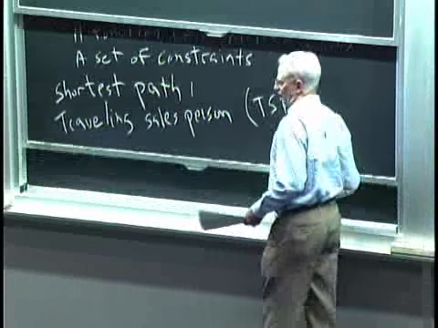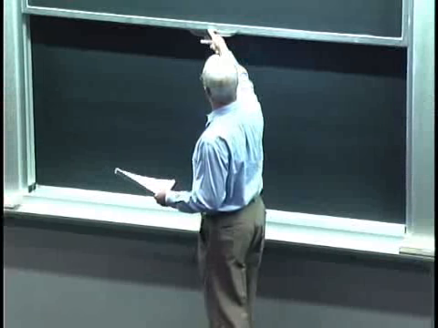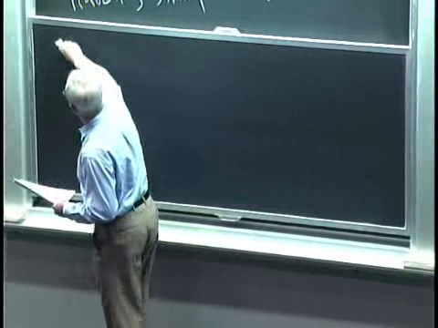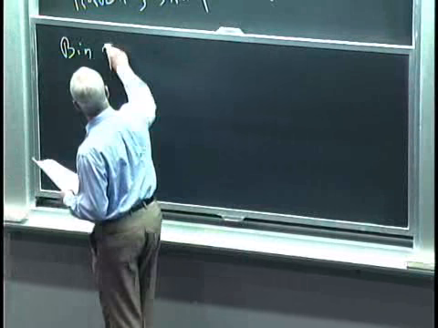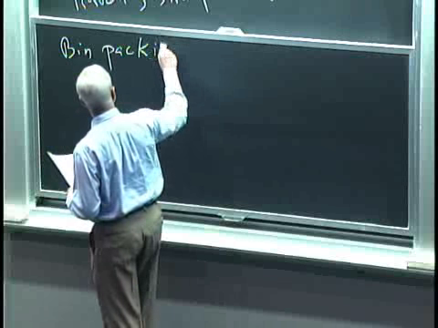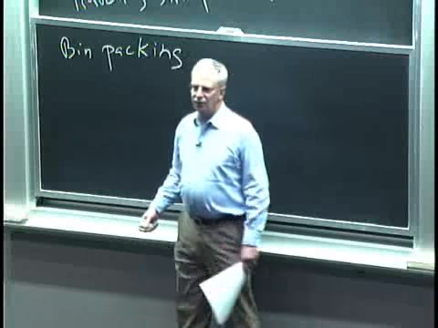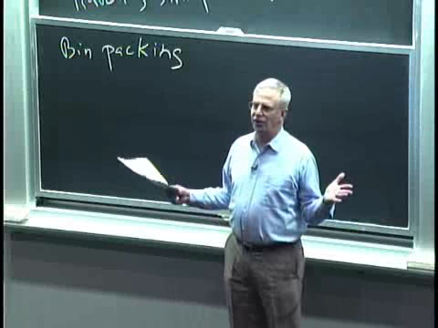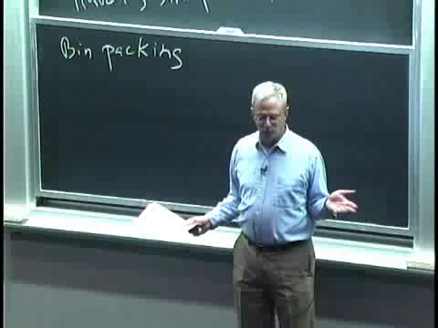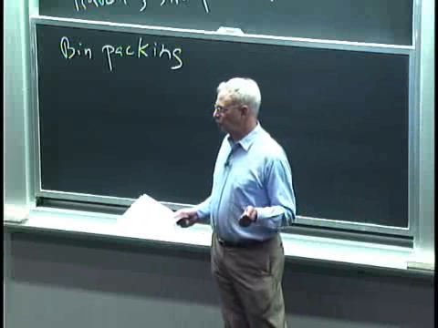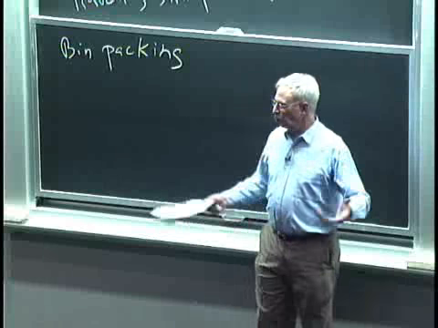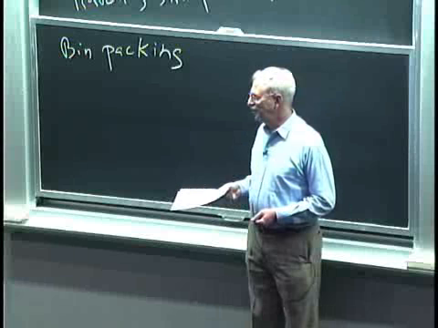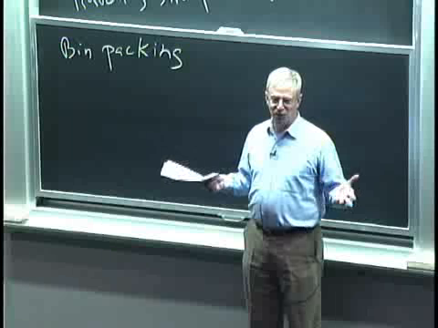What are some of the other classic optimization problems? There's bin packing. Filling up some container with objects of varying size and perhaps shape. So you've got the trunk of your car and you've got a bunch of luggage, more luggage than can actually fit in, and you're trying to figure out what order to put things in and which ones you can put in, how to fill up that bin.